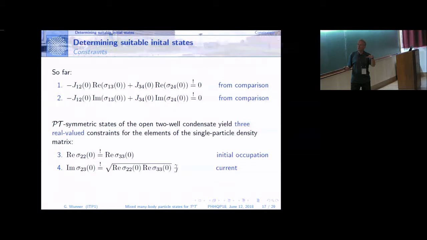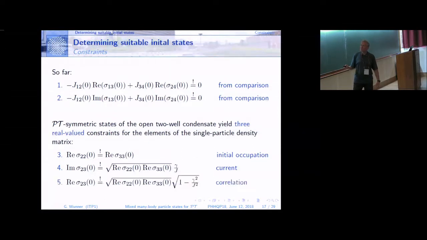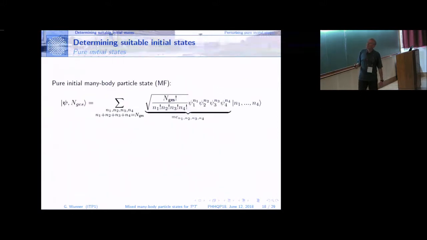Also, the current between the two inner wells should be constant, given by the number of particles in the two inner wells, and also the correlation, the plus sign, which I told you at the beginning, obeys this relation in the two-mode model. So, depending on the number of particles you put into the individual wells right at the beginning, you have an initial condition.